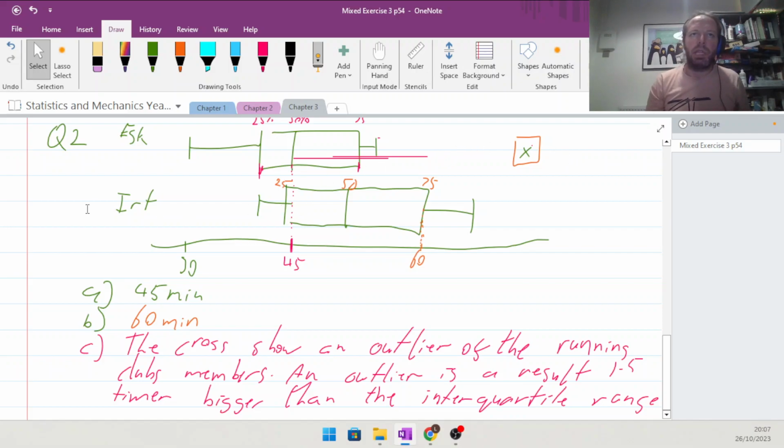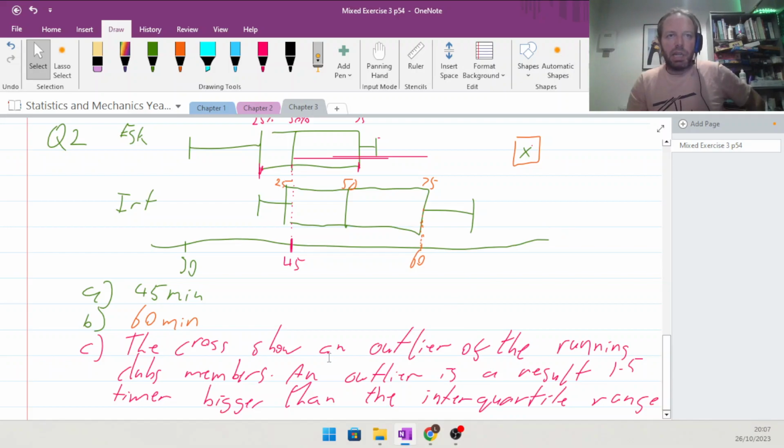With the Eert club, their outliers would have been allowed all the way up to about 80 or 90 minutes without any bother.